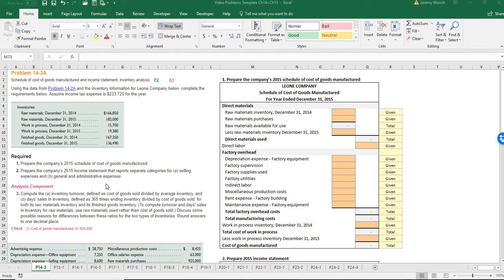Because you're presenting these statements to people outside the company, we have FASB, who created the Generally Accepted Accounting Principles, GAAP, to set the rules.